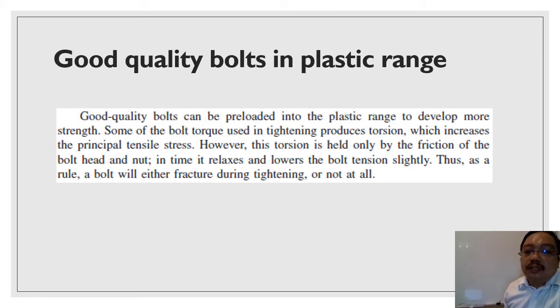Good quality bolts in plastic range. What does it mean by good quality bolt in plastic range? First of all, what is plastic range? You remember when you learned in year 1 in material science, you learned about elastic and plastic. This is elastic. When I release my hand, it will go back to its original position. But what happens if I stretch more? If I stretch more, this rubber band will elongate, and then it cannot go back to its original position.